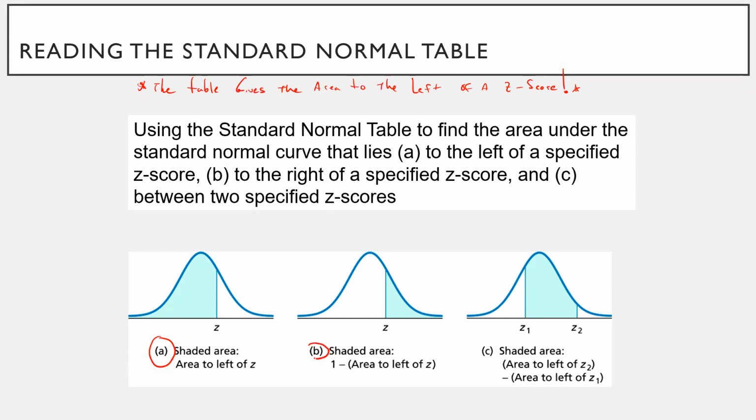The other way is if I ask you for the area to the right of a z-score. That's weird, because you're like, well, Matt, you just said the table only gives the area to the left, but I'm going to show you how you find the area to the right. And then I'm going to show you how to find the area between two z-scores on this standard normal table.